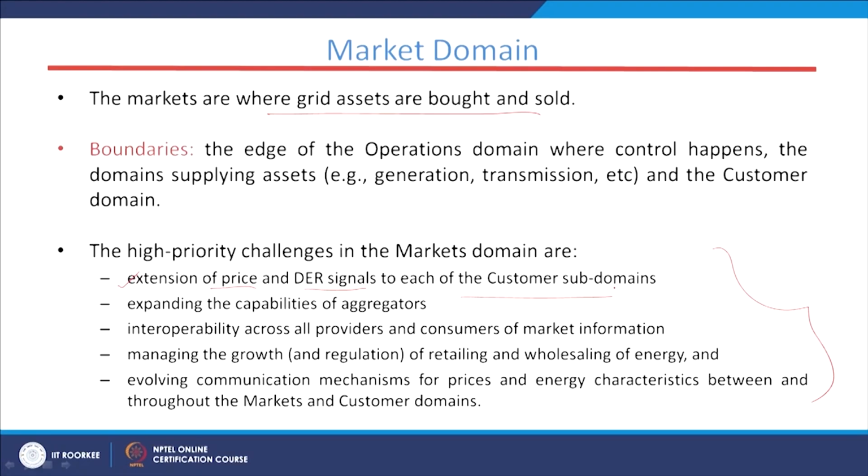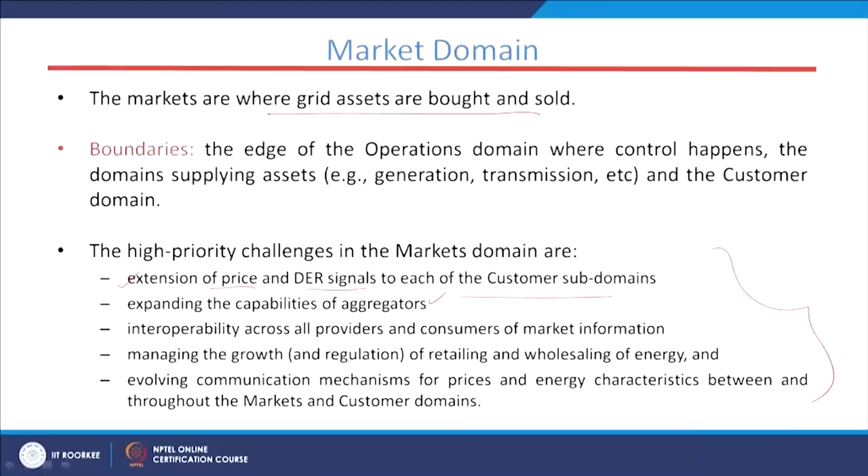That means we have 3 types of customer subdomains: commercial, industrial, and residential customers. In that case we have to decide the price and DER signals, which should be properly judged, monitored, and adjusted.